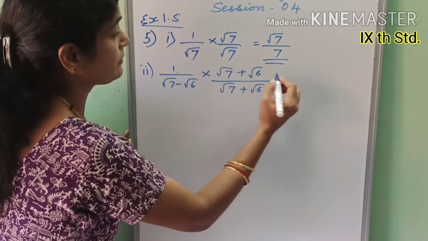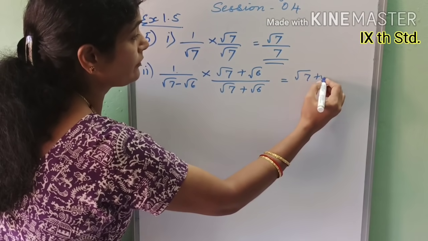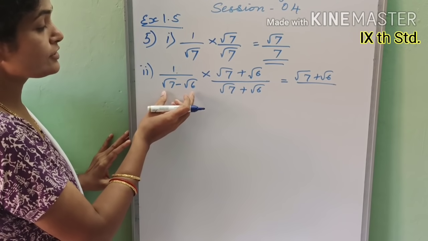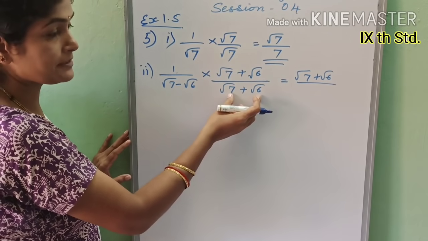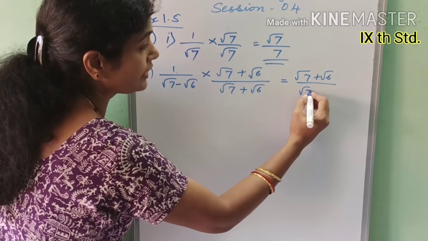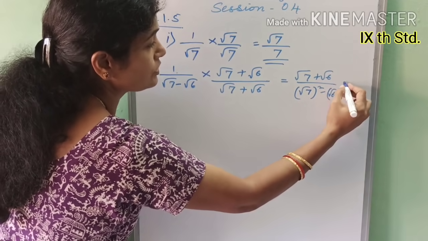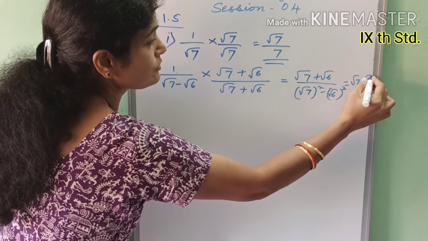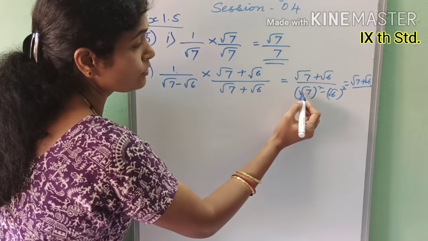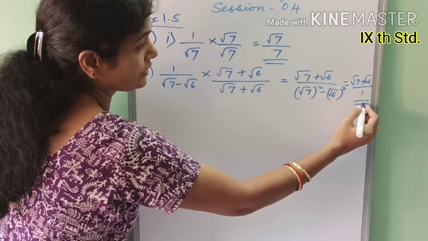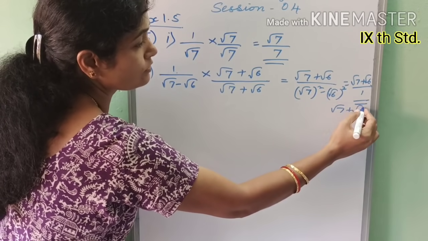Multiplying with 1 leads to the same thing. If you look at the denominator carefully, it is of the form a minus b into a plus b, which is equal to a square minus b square. So this is root 7 plus root 6 divided by root 7 whole square, which is 7, minus 6, which is 1. So the answer is root 7 plus root 6.